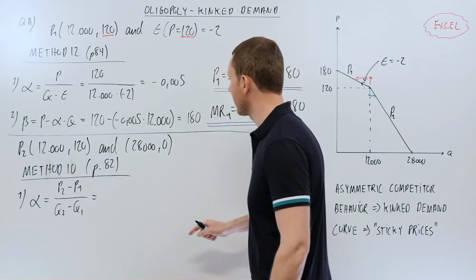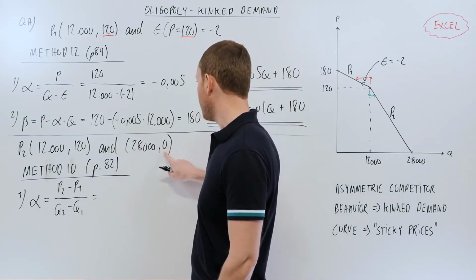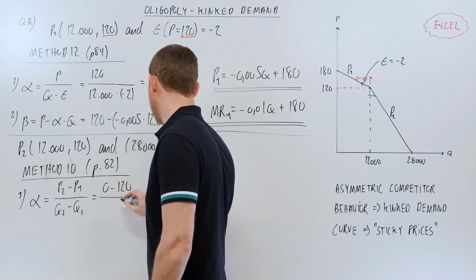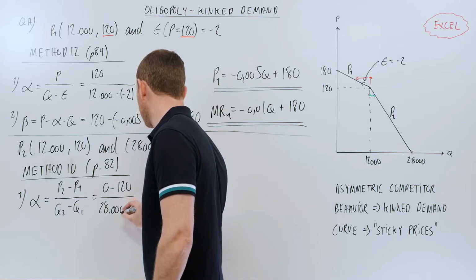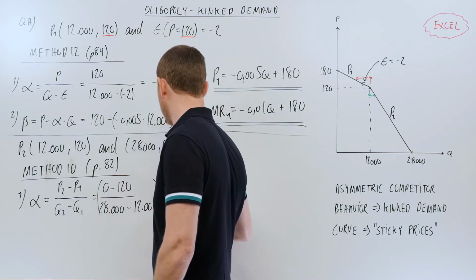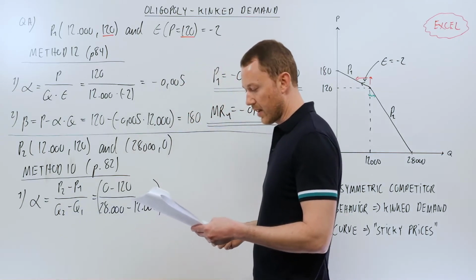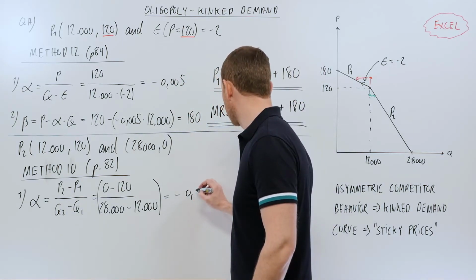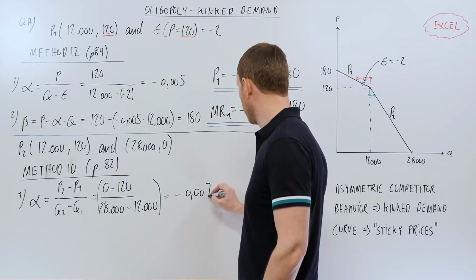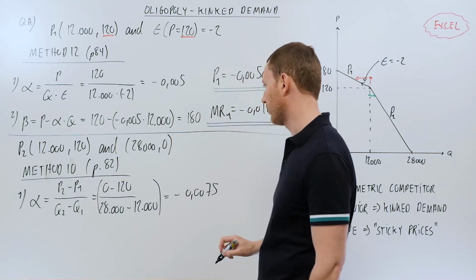Putting in the numbers here, I say 0 minus 120 divided by 28,000 minus 12,000. If I write that up, it'll give us minus 0.0075, which is the slope then.